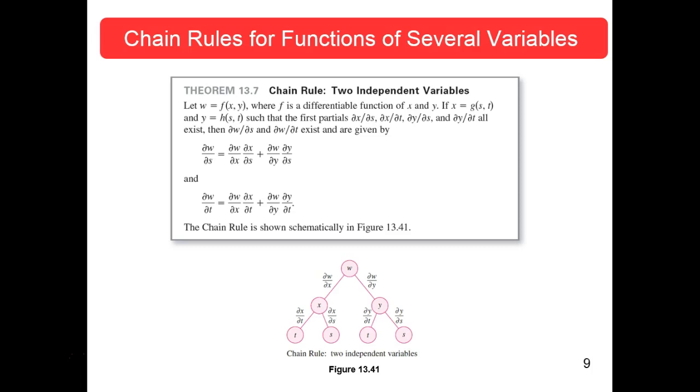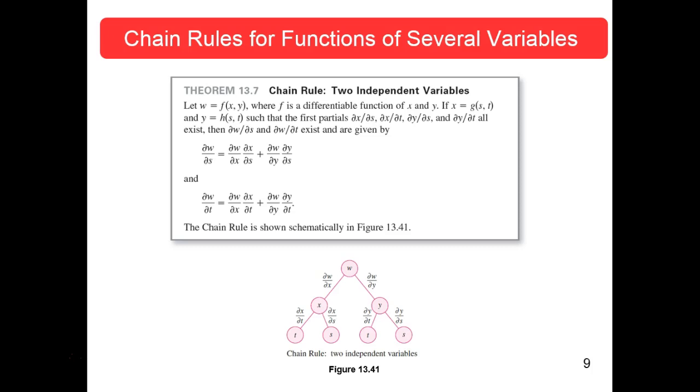If w is some function f of x and y, where f is a differentiable function of both x and y, and if x is a function g of s and t, and y is some other function h of s and t, so each of them is a function of 2 separate independent variables, such that the first partials, the partial of x with respect to s, the partial of x with respect to t, the partial of y with respect to s, and the partial of y with respect to t, all exist, then you can talk about the partial of w with respect to s and the partial of w with respect to t.